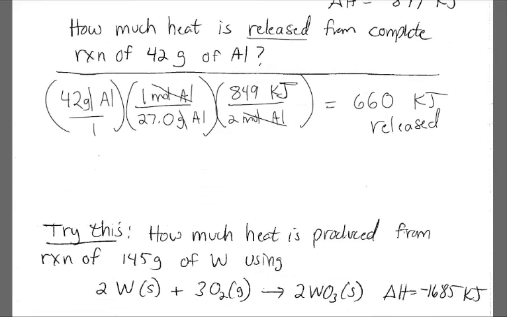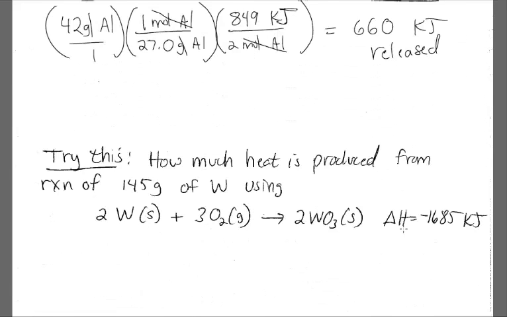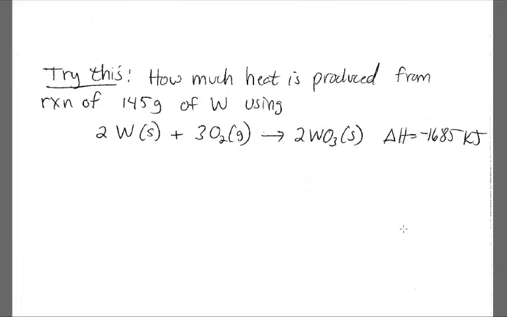Okay, so you try this one, and I will work it. How much heat is produced from a reaction of 145 grams of tungsten using this reaction with this delta H? All right, so how much we started with? 145 grams of tungsten. Convert that to moles. 183.84 grams.